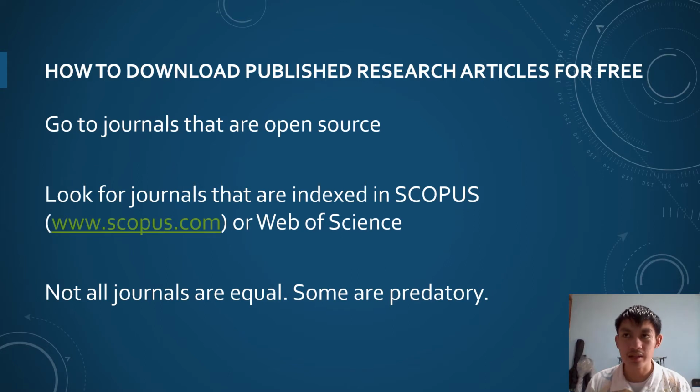These are journals that are only published because maybe it is paid or there's an involvement of money in order for the journal to be published. So beware of predatory journals. So we must look carefully for highly efficient or legitimate journals.